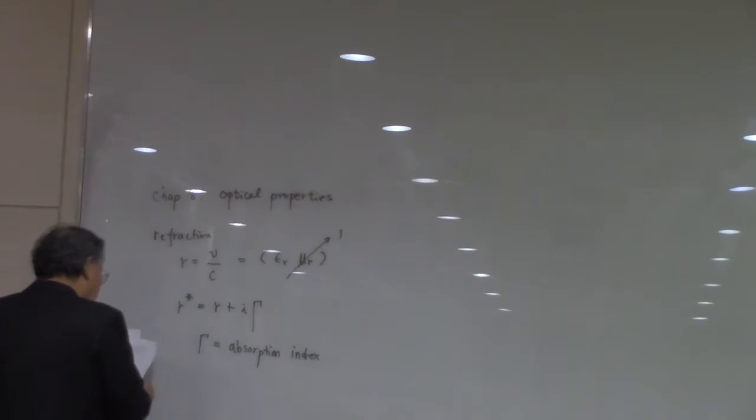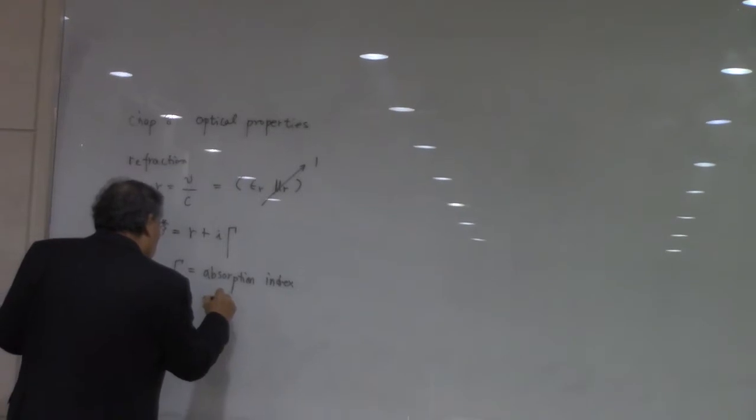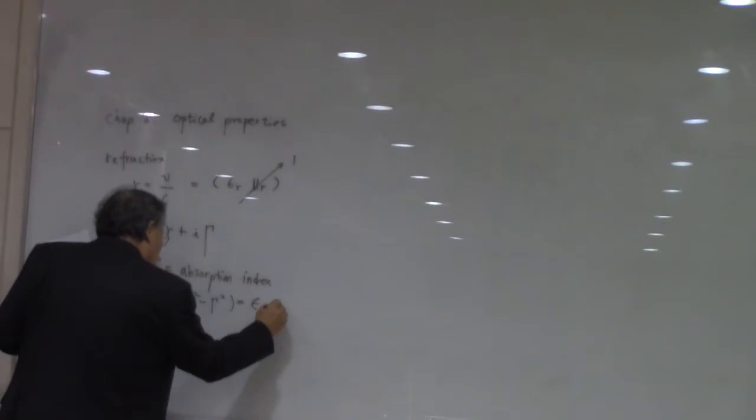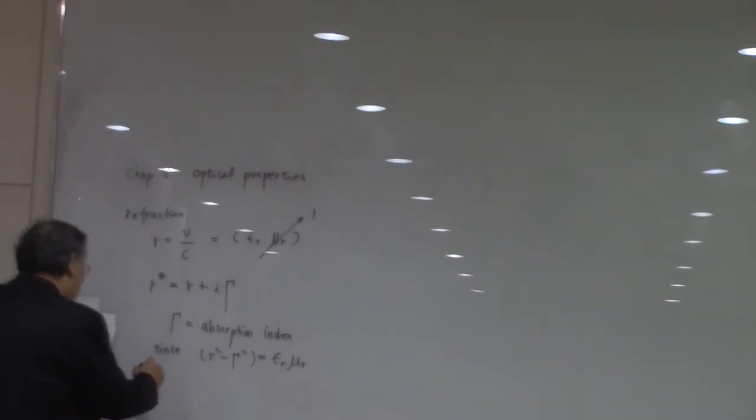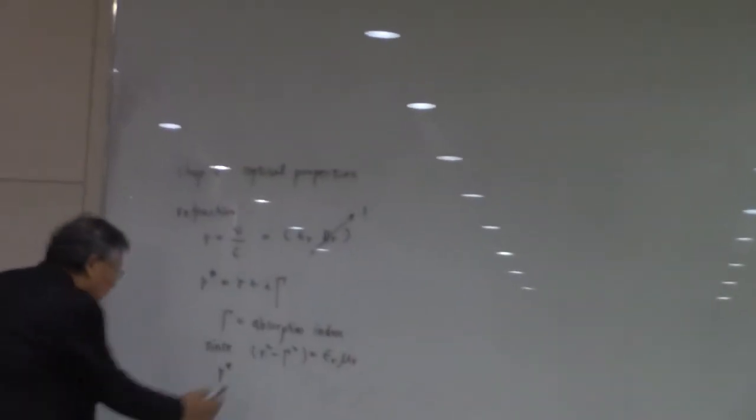Since R square minus gamma square is related to the dielectric constant, we can say R square is going to be R mu R plus c square alpha square over 4 omega square, something like this.